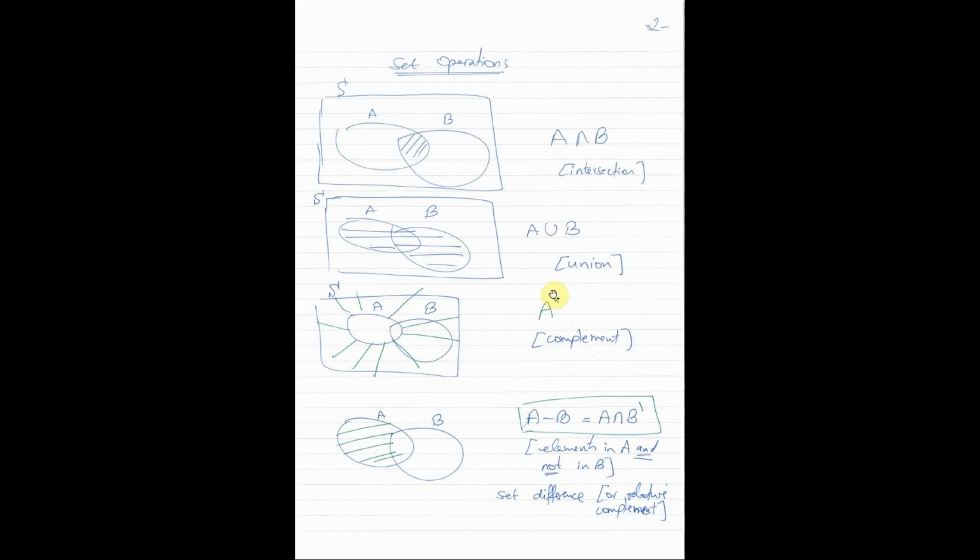A complement means not. So the intersection is an and, the union is an or, complement is a not. We mean what are the outcomes or elements not in A? Everything outside A. Do you see these green lines here? Everything outside A, even if they are in B, this is A complement.